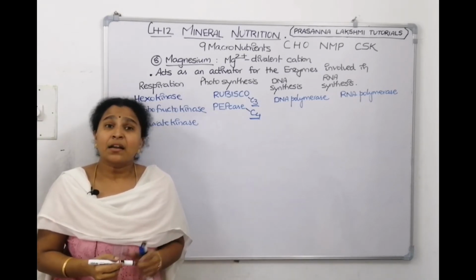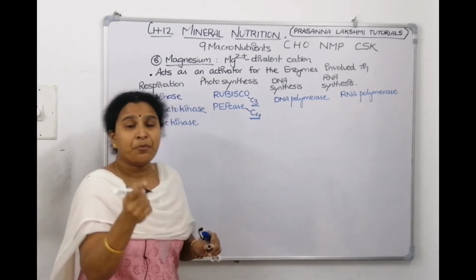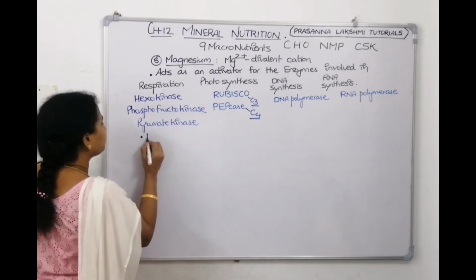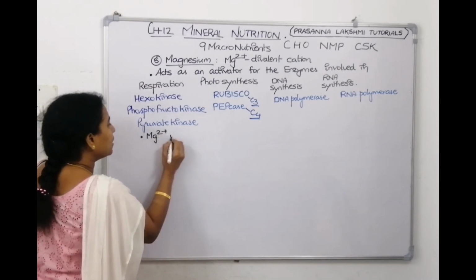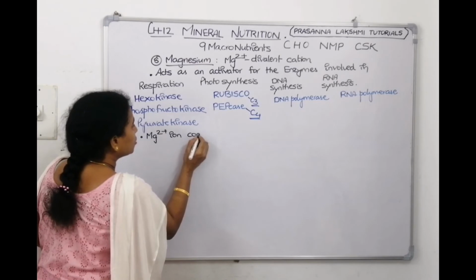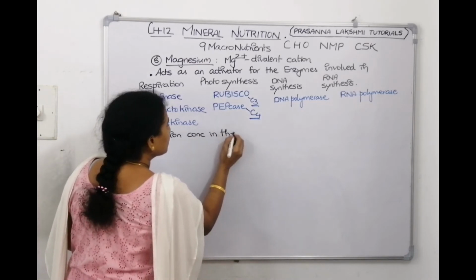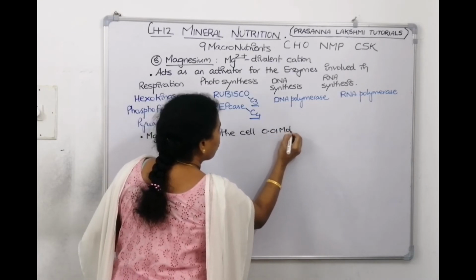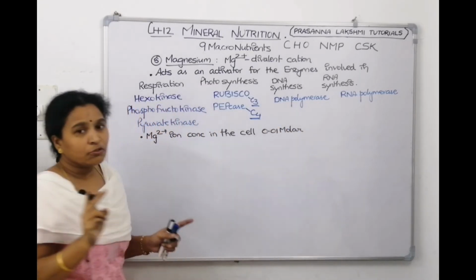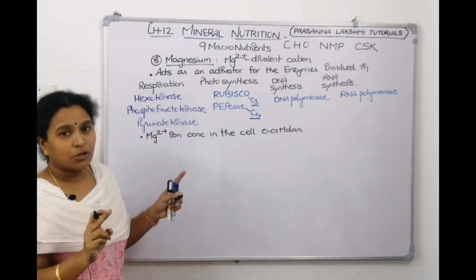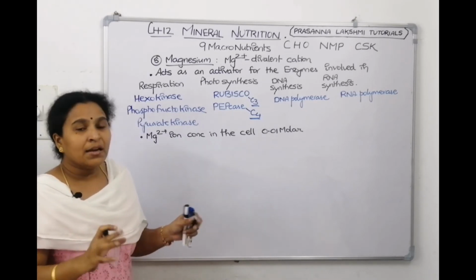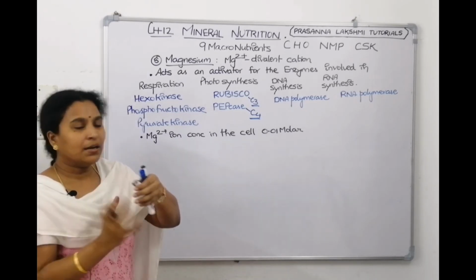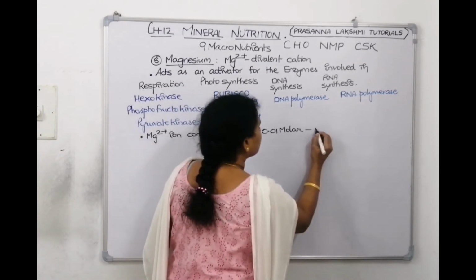Then we tell that magnesium is important in protein synthesis also. If the concentration of magnesium in the cell is 0.01 molar, then the ribosomal subunits will join together.